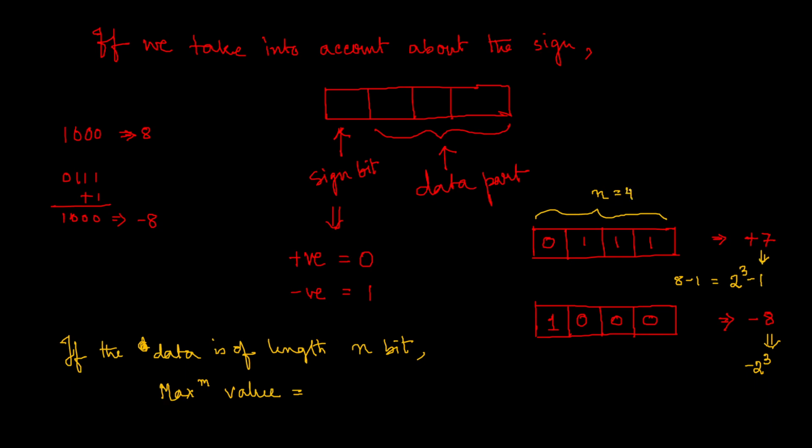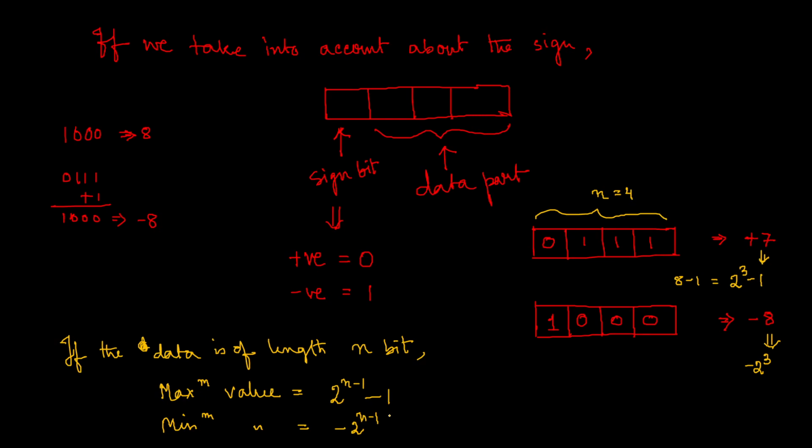So if you try to express this in terms of n, how can you express it? The maximum value is 2 to the power n minus 1, minus 1, and the minimum value will be minus 2 to the power n minus 1, right?